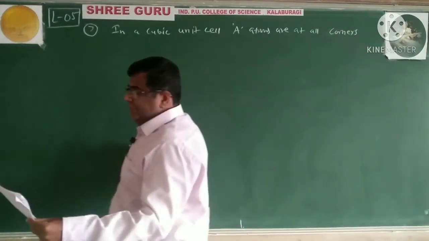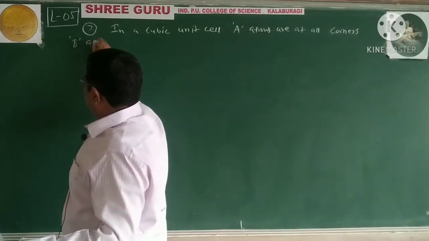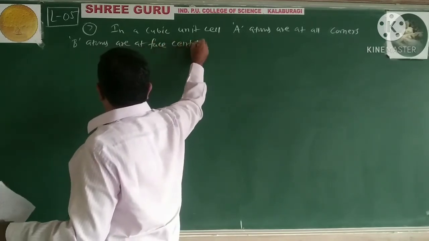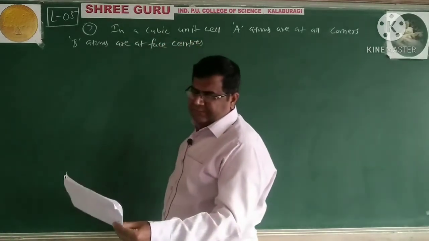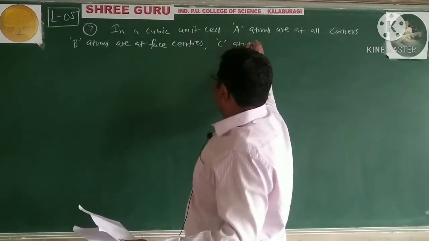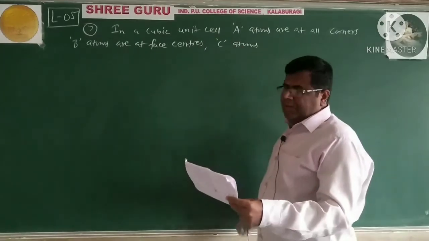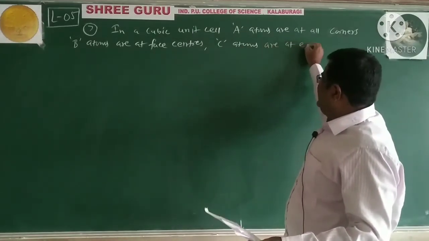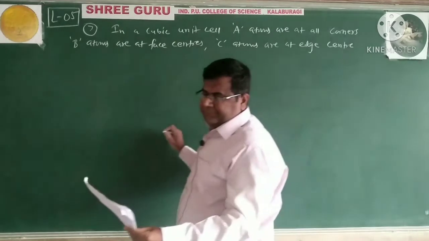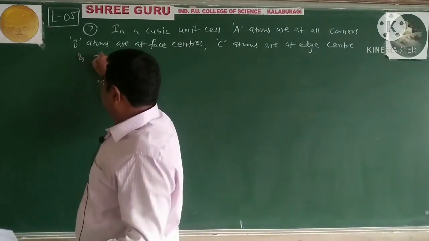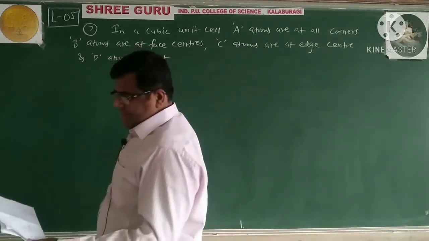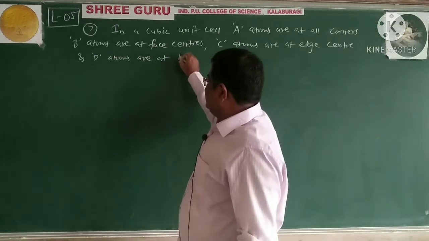B atoms are at face centers. C atoms are at edge centers, and D atoms are at body center.